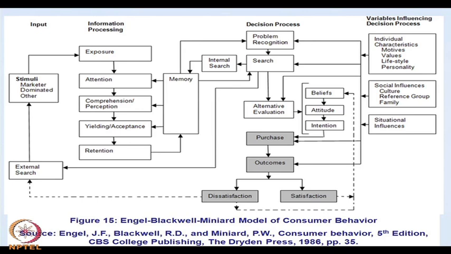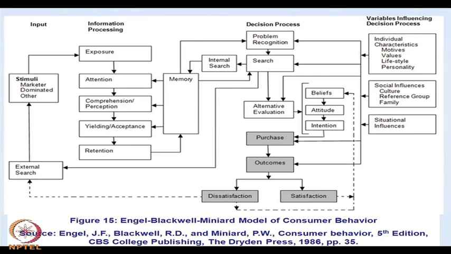Finally, he yields to such information inputs, he accepts them, or he may search for more information before reaching this stage of acceptance. This information goes into his memory as retention, first into his short-term memory, then into his long-term memory, for further retrieval and further usage. So the information section of the model comprises stages like exposure, attention, comprehension, acceptance and retention.